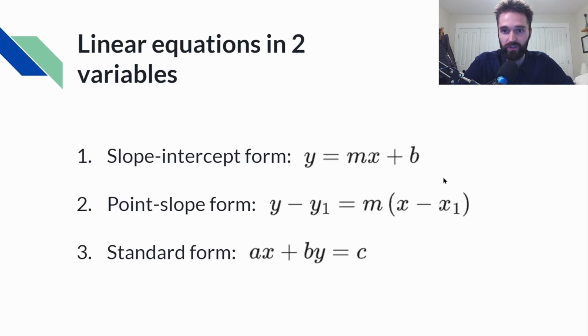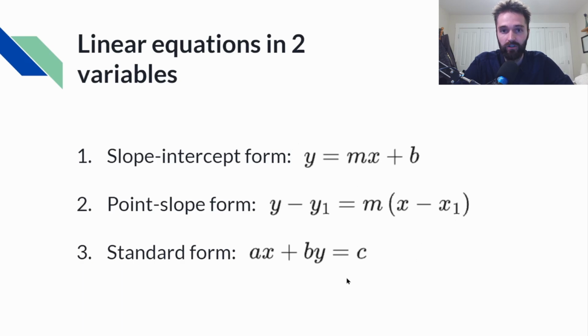The first two forms are really cool because if the equation is in this form, we can just look at the equation and extract meaningful info about the line. We can do that for these first two forms, but we can't do that for standard form. In a previous video, I referred to standard form as useless because we can't look at it and determine anything about the line.